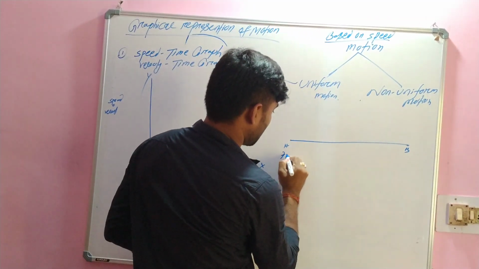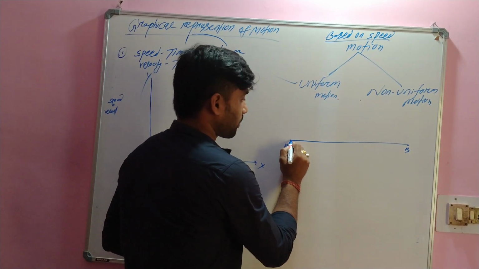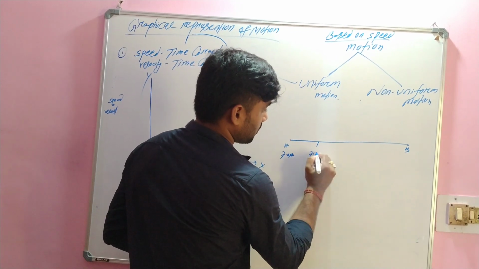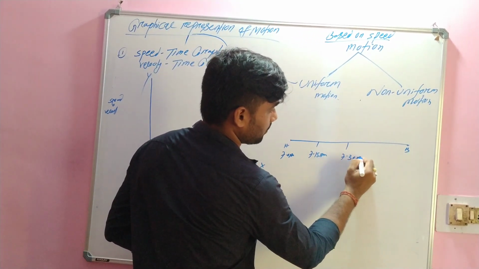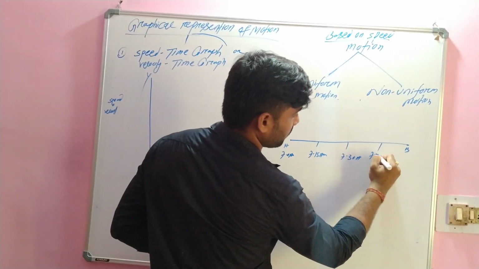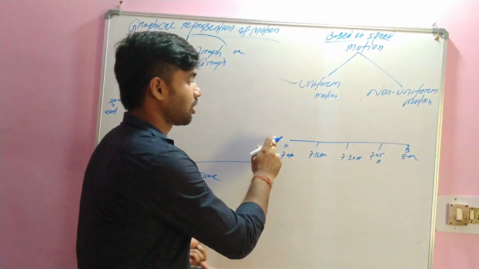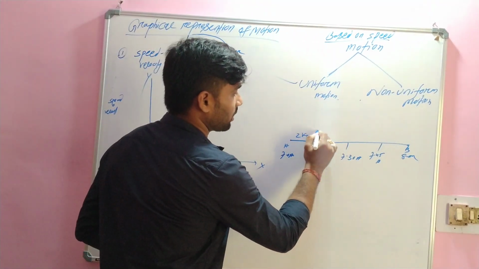Suppose at 7 a.m. the object started from point A, and at 7:15 a.m. the object is moving with speed 2 kilometers per hour.